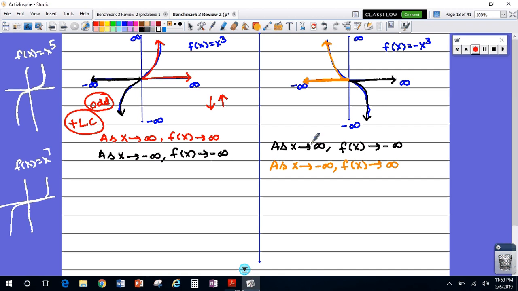Okay? In the same way, if you have f of x equals negative x to the 5th power, then your curve will be going from left to right, but it is flat at 0 and goes down. It means more flat here.